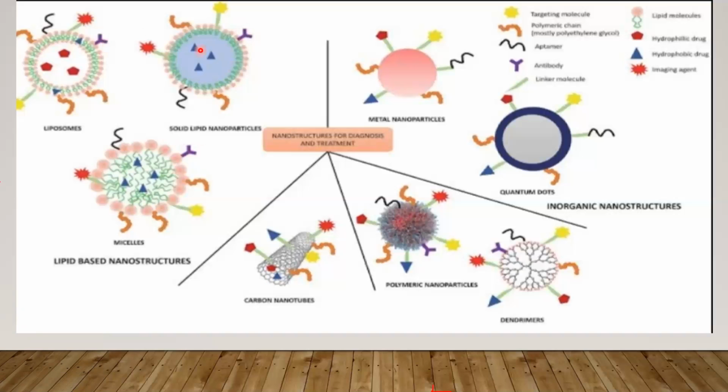Now coming to the light green color attached to these nanostructures, they are linear molecules. So you can see in each and every nanostructure, linear molecules. Green and light orange color attached to nanostructures are lipid molecules.